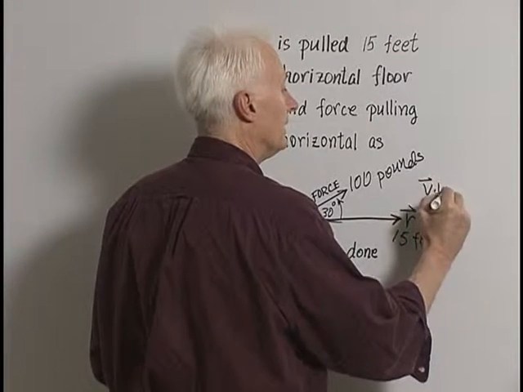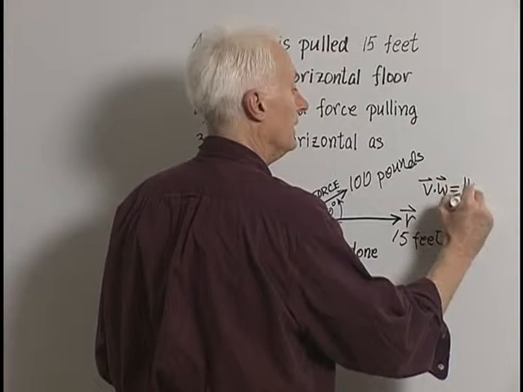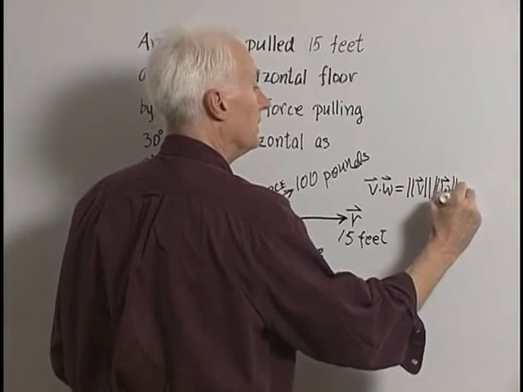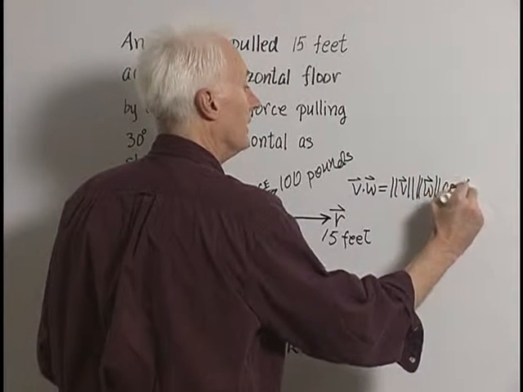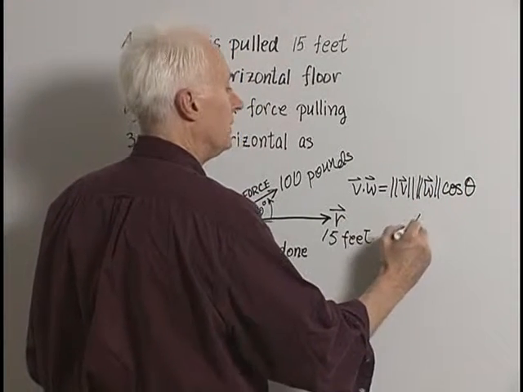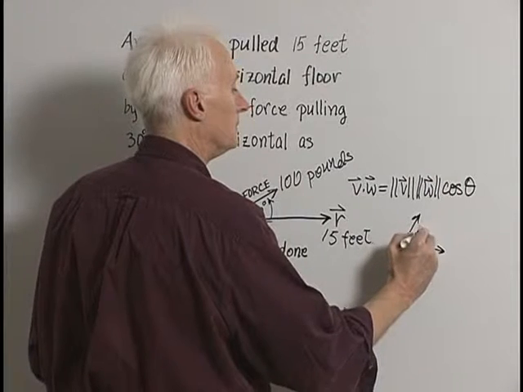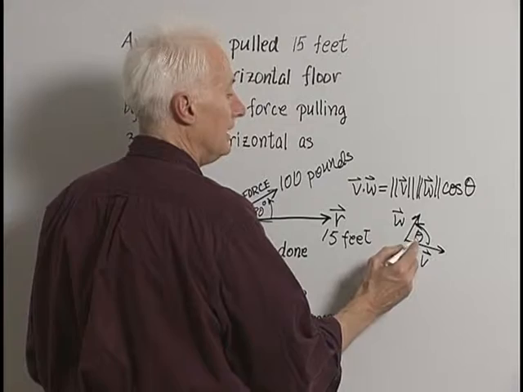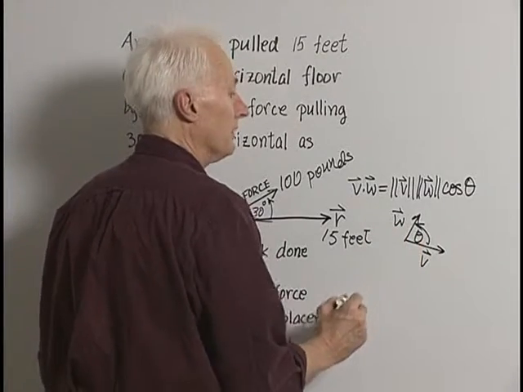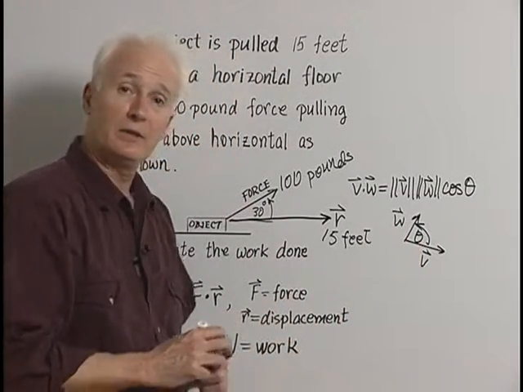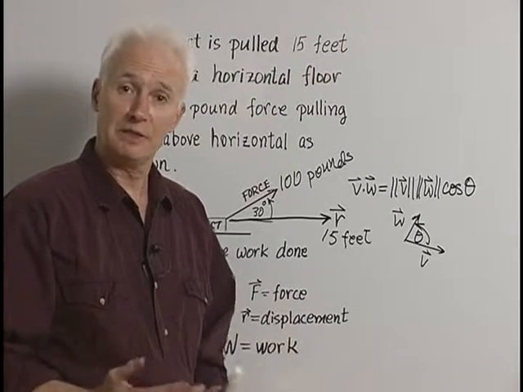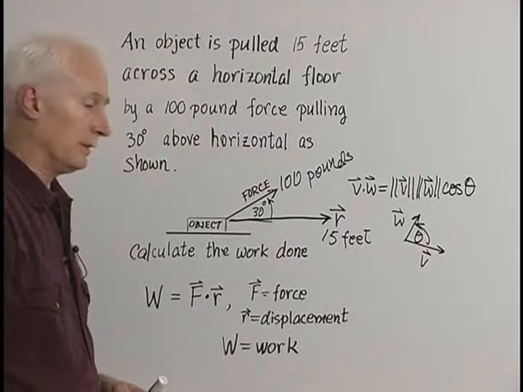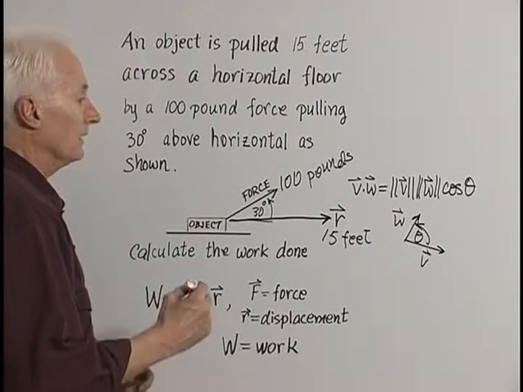V dot W geometrically is the length of V, times the length of W, times the cosine of the angle theta between the two vectors. There's the picture. So all you need is that angle between the two vectors. If you can find that, or if the geometry of the problem gives that to you, then this simple formula gives the dot product. So that's all we have to calculate.